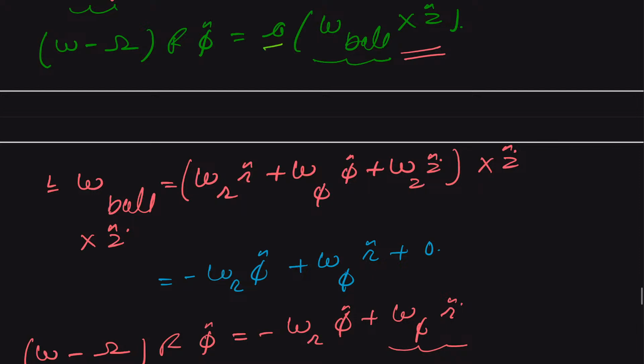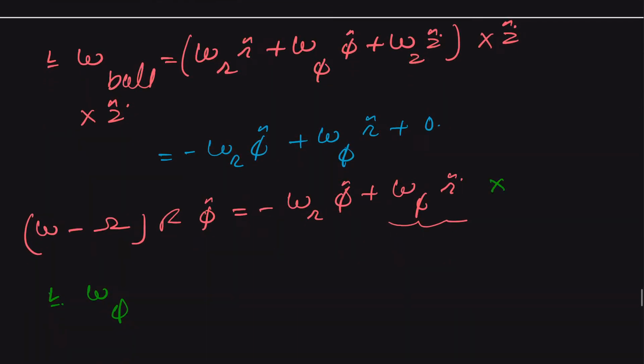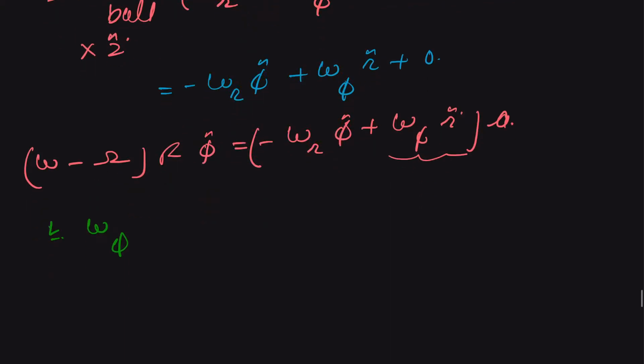Yeah, I missed A, sorry. Okay, so this comes as multiplied by A. Therefore, you can say this omega phi multiplied by A should be equal to 0, or we can say that our omega of phi is equal to 0. So it means there is no phi unit component of our spin.